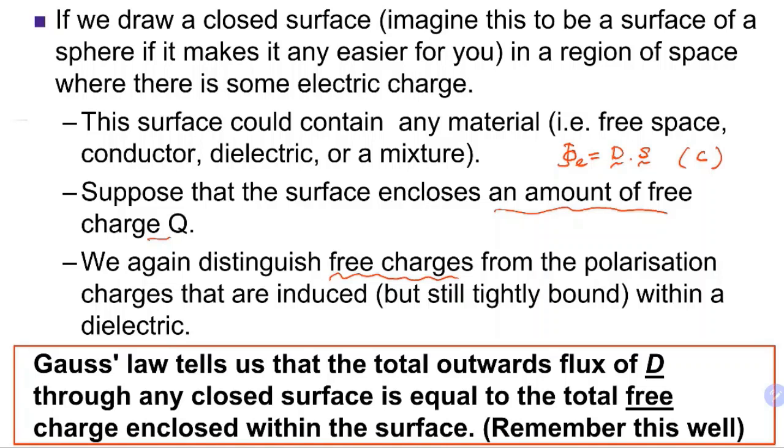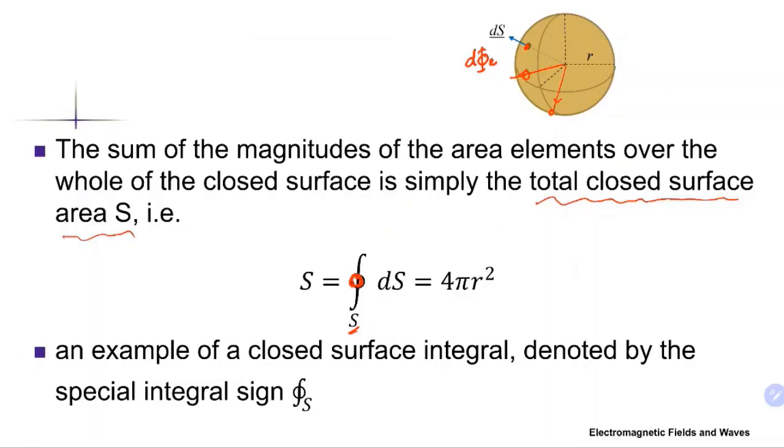So what Gauss's law tells us is that if I have an enclosed surface, or if you think of it as your sphere, that encloses some charge inside, then the electric flux has to be equal to the charge enclosed inside that closed surface. Okay, so go back to my diagram here.